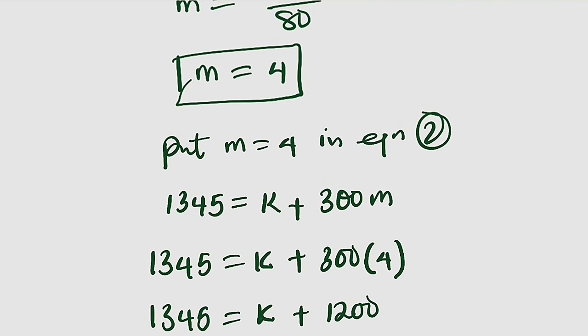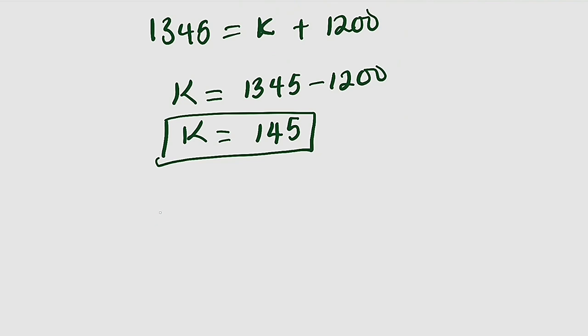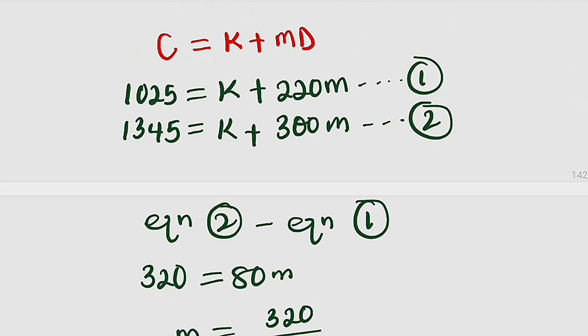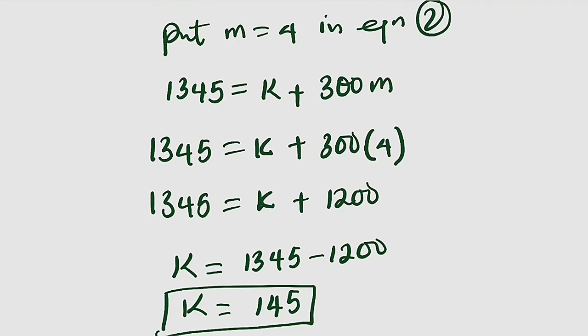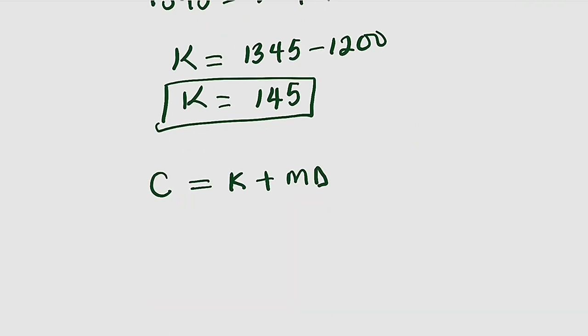These are our constants. Remember, the general equation: C is equal to K plus MD. What are we looking for? We are looking for the total cost of the transportation from Lagos to Kaduna, which is 982 kilometers. So let's plug in 982 kilometers here.